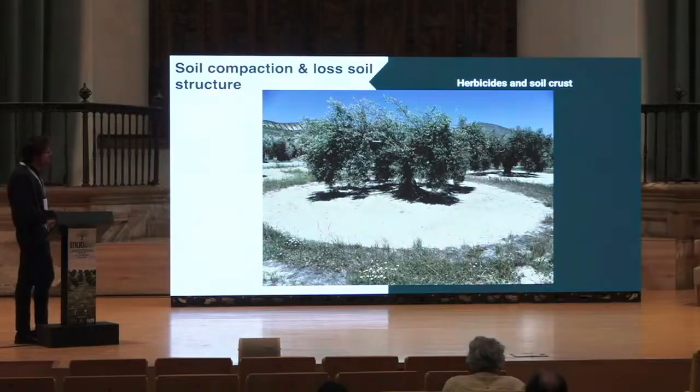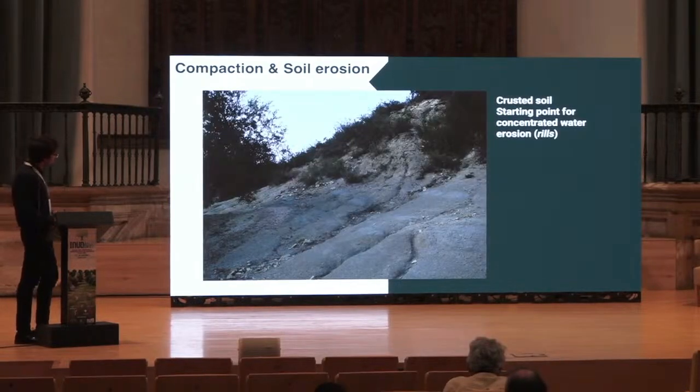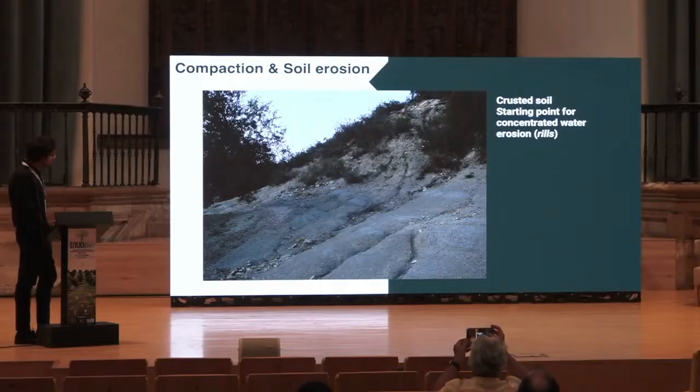The herbicides are also related with soil crusting. In general, every soil management that removes all the protection for the soil. And the problem of soil compaction regarding erosion is that crusted soils are the starting point, the nick point, of concentrated water erosion.